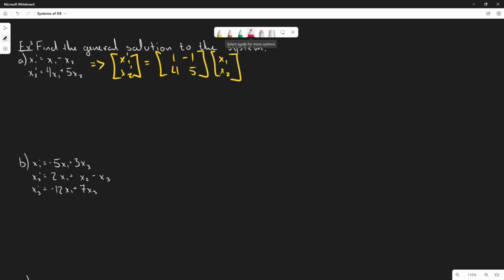Now all we have to do is take this matrix and subtract lambda times the identity matrix, take the determinant of all that, set it equal to 0, and find our eigenvalue. Once we do all that, we get lambda equal to 3 with a multiplicity of 2.